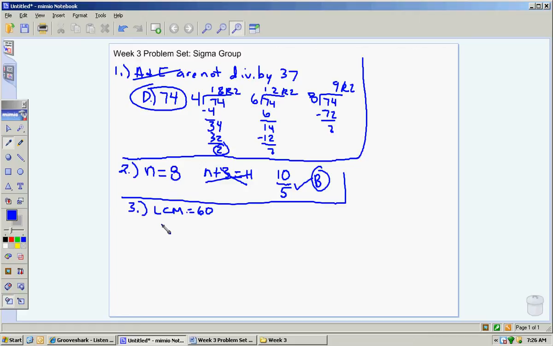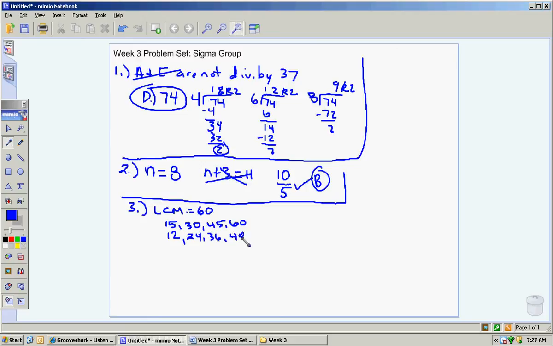You can figure that out pretty easily by writing them out. Then we look at 15 and 12, and you just list them out until you find one they have in common. 15 goes 30, 45, and 60. 12 goes 12, 24, 36, 48, and then 60.